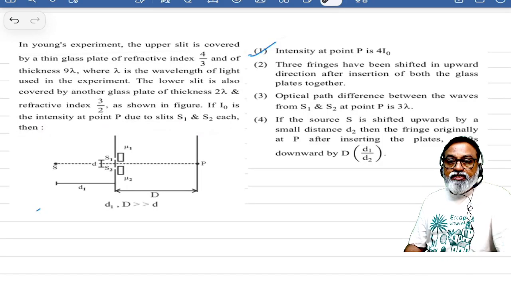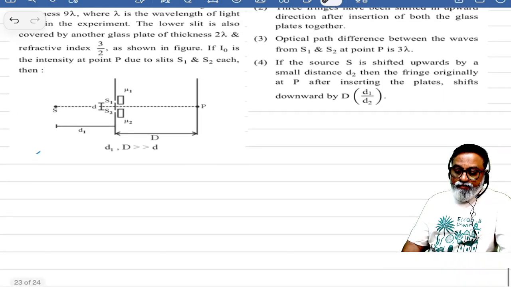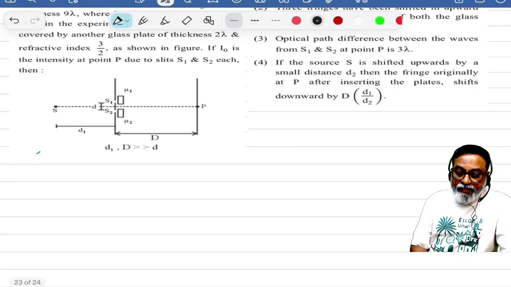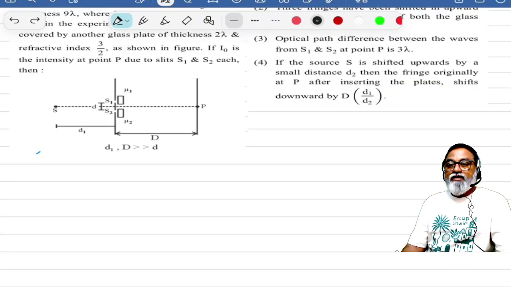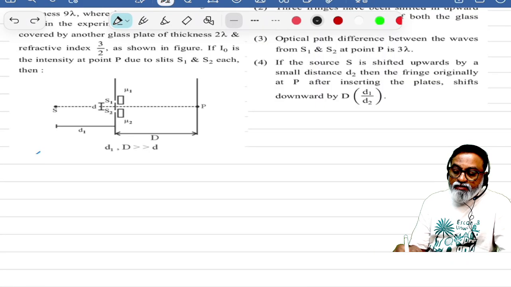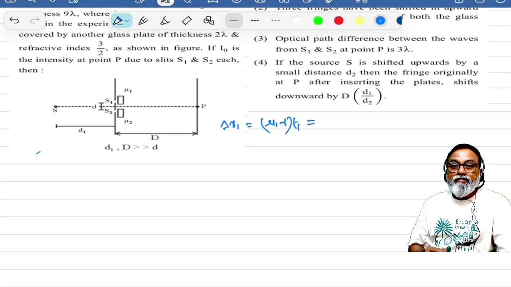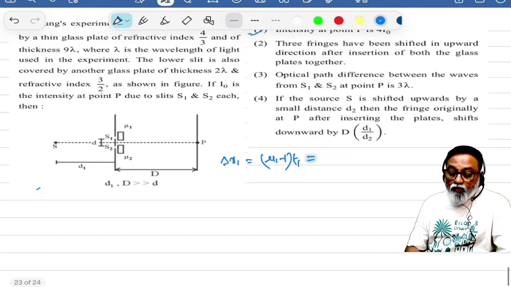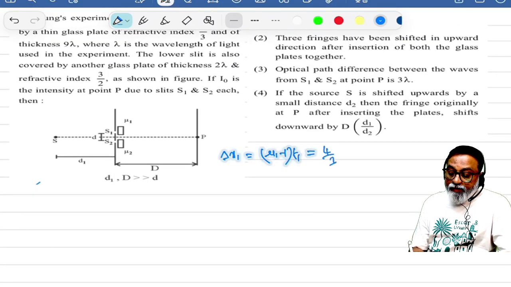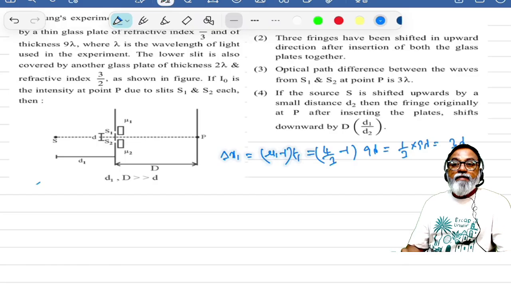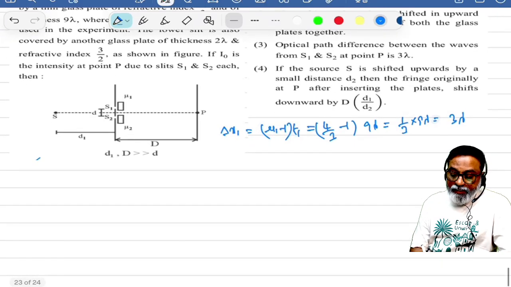Here are the options. We have to discuss one by one. First one: by inserting the glass plates in front of the slits, there is an extra path difference. The path difference due to the first slit is delta x1 = (mu1 minus 1) into t1. Mu1 is 4 by 3, so 4 by 3 minus 1, and thickness is 9 lambda. Therefore, this is 1 by 3 into 9 lambda, which becomes 3 lambda. This is due to the first slit.